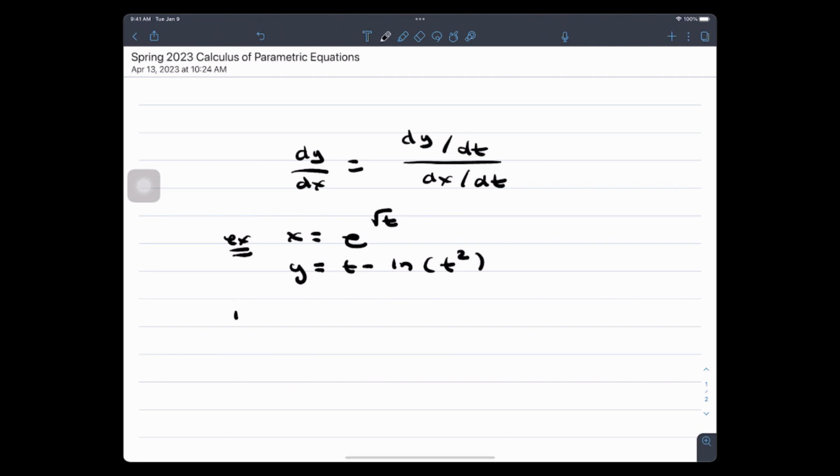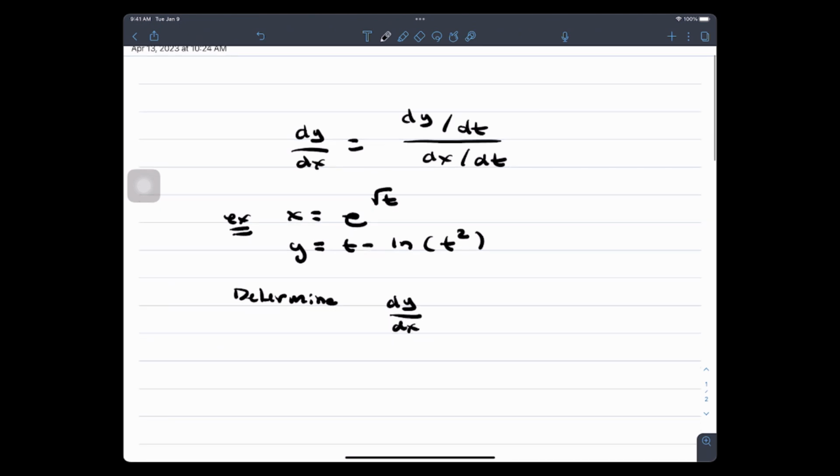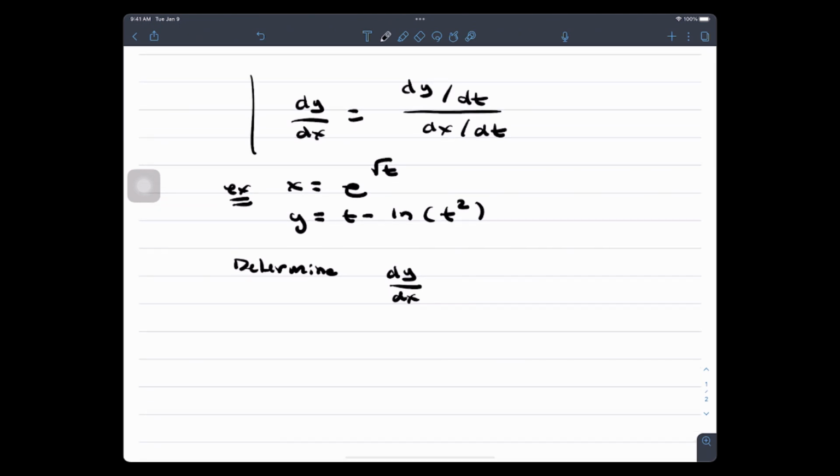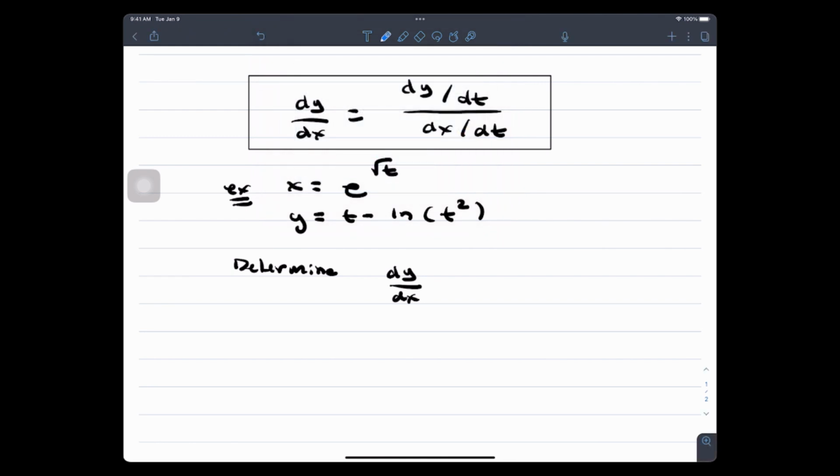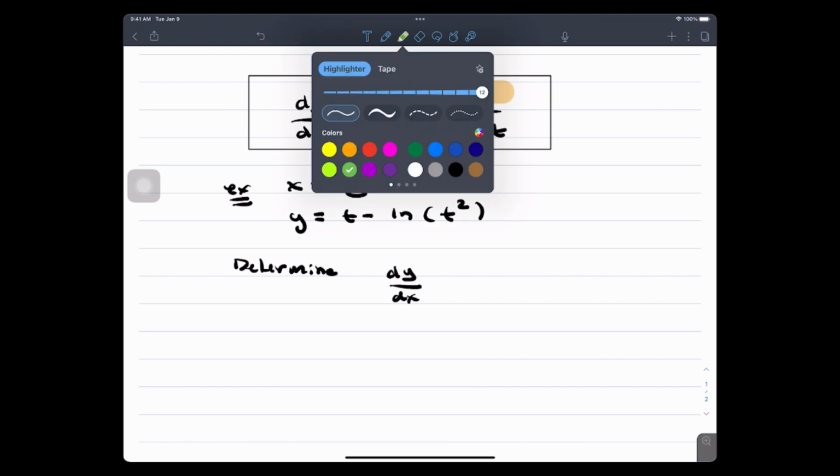I'm going to keep it simple and say: determine dy/dx. So remember, how do you use this definition? Let's color this orange, and this green.